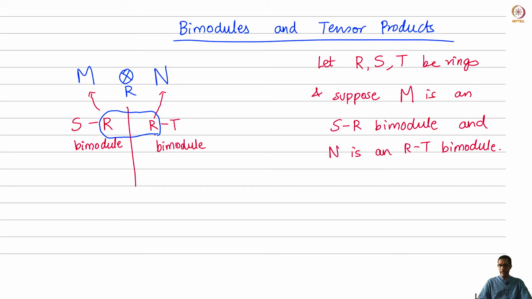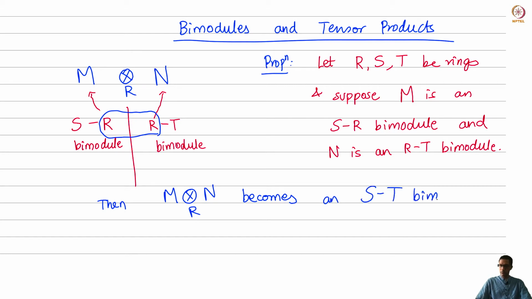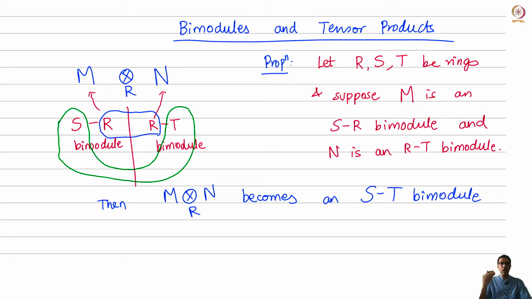Then here's a proposition: with this notation, M tensor N over R becomes a bimodule over S and T, an S-T bimodule. Observe that the S was there on the left and the T was remaining on the right. So the two R's get together and go away, and the S and the T remain.